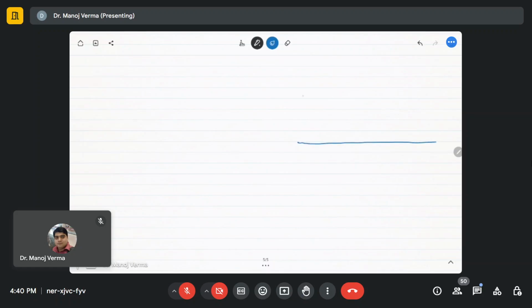This was our film. This was the plano-convex lens. This was center point C, let's say. This was T. T is the thickness of the plano-convex lens.